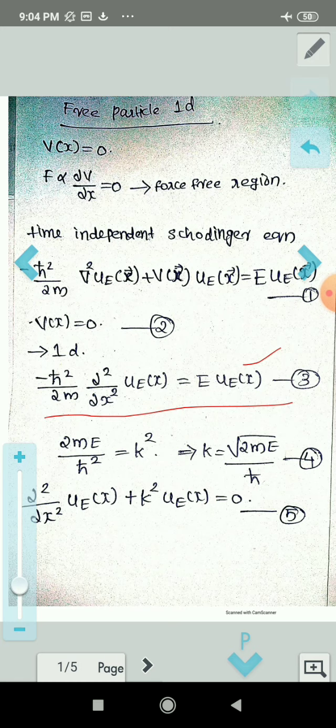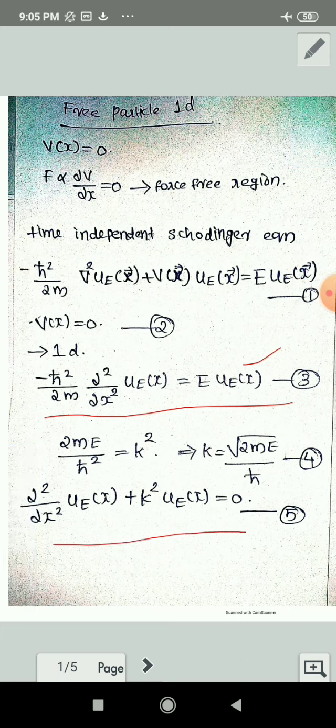Okay, so 2me divided by h cross square is equal to k square. So that is k is equal to root of 2me divided by h cross, and the one dimensional Schrodinger equation will become this.